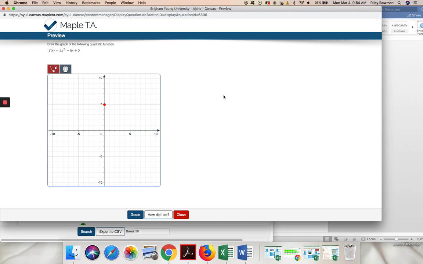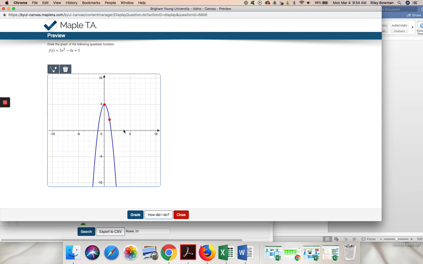I could find the vertex. So let's just plug in a 1 just because 1 squared is 1 times 3 is 3. 1 times negative 6 is negative 6. So 3 minus 6 is negative 3 plus 5 is 2. So I am at 1 and 2. There we go.